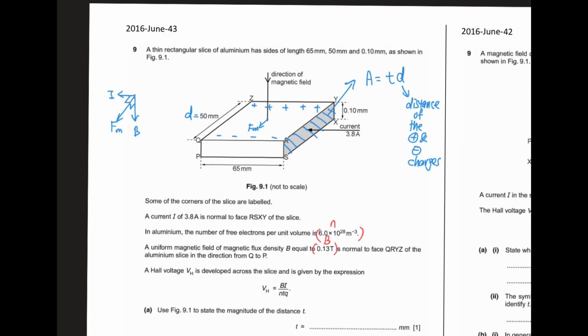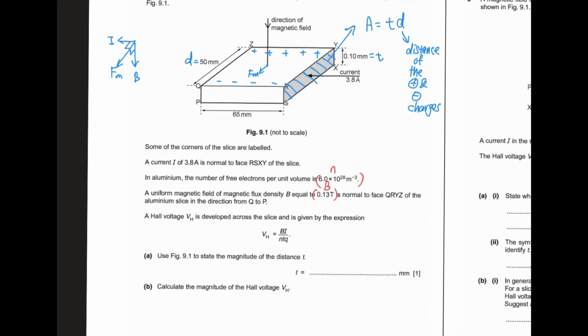So you know this area, right, is d multiplied with t. So this is automatically the t. So I write it down. That is the t. Okay. So now they ask you to state the value of t. So it is 0.10 mm.